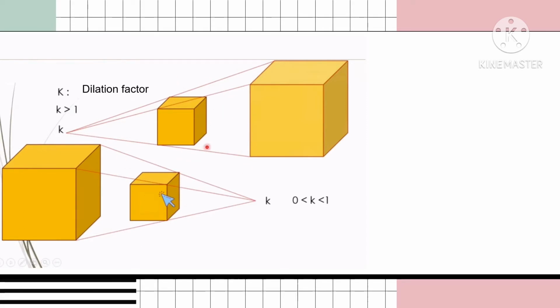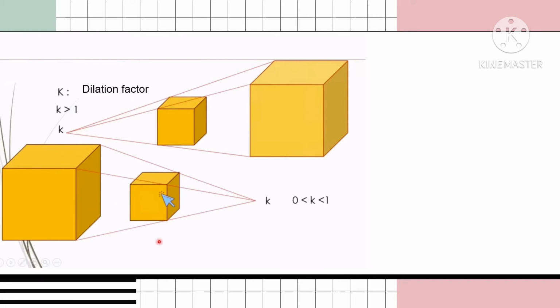The cube is transformed larger or smaller by dilation factor k. When the factor k is larger than 1, the cube gets larger. And when the factor k is between 0 and 1, the cube gets smaller.